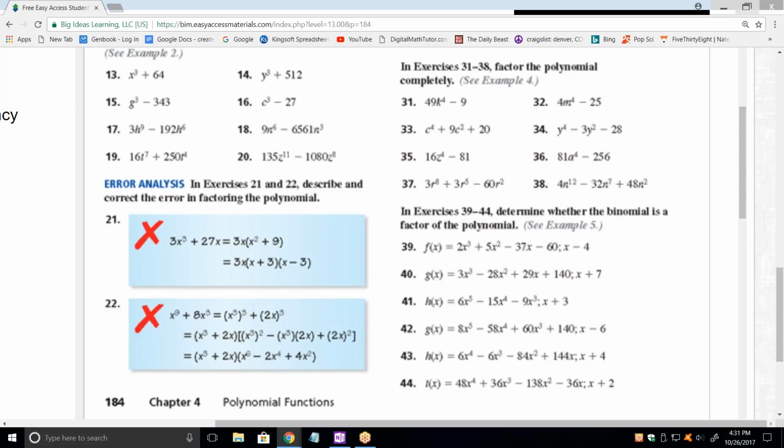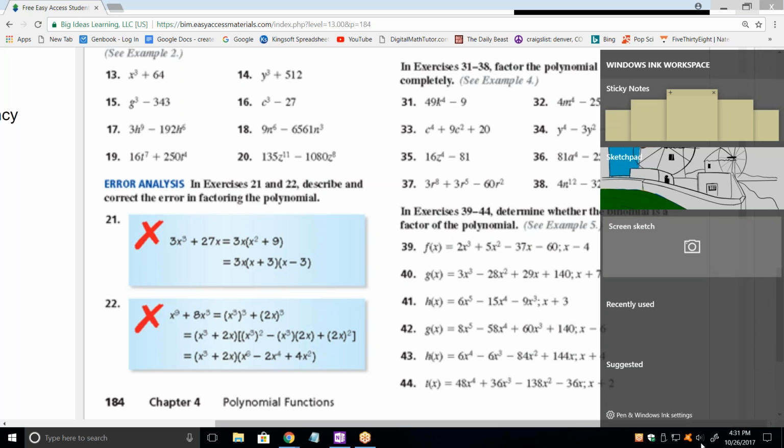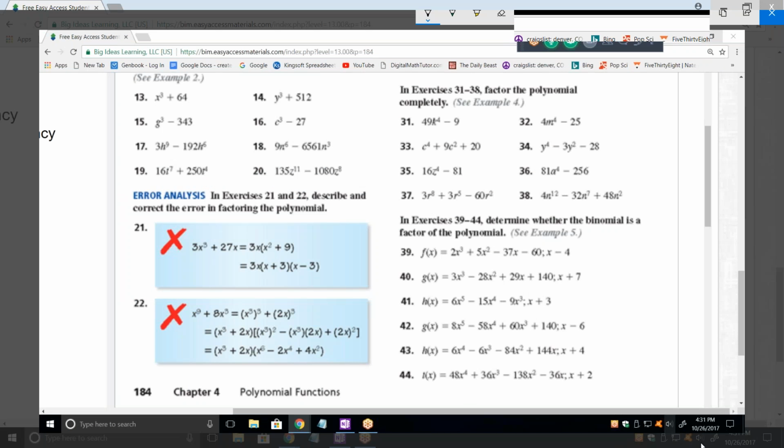Is it the sum or the difference? The sum. Okay. So what we need is the general formula. It's always the way you start all math problems. How does the sum of perfect cubes factor?